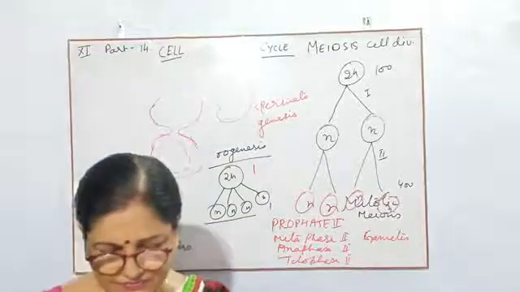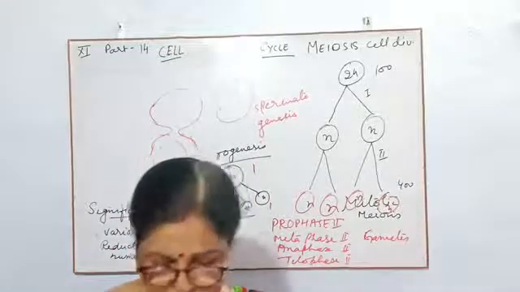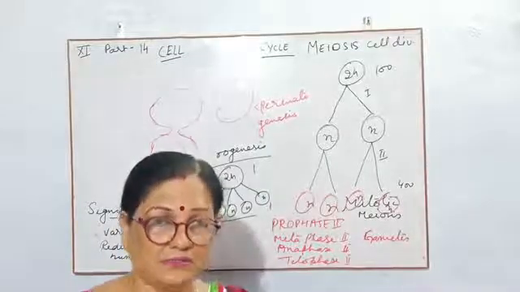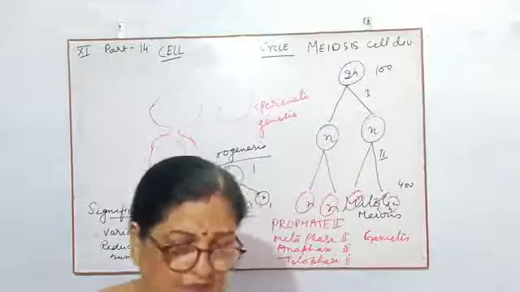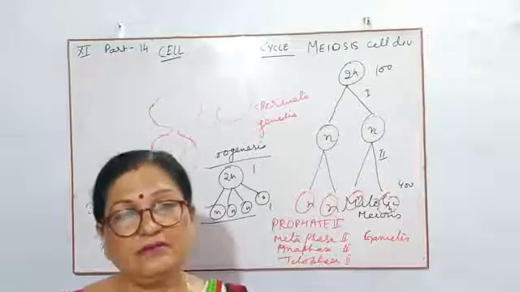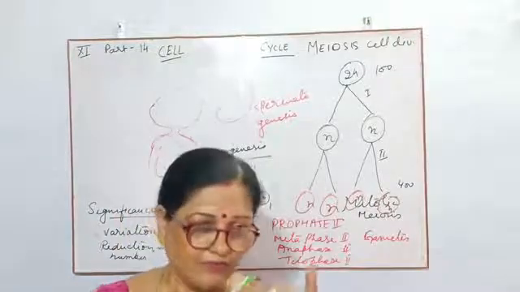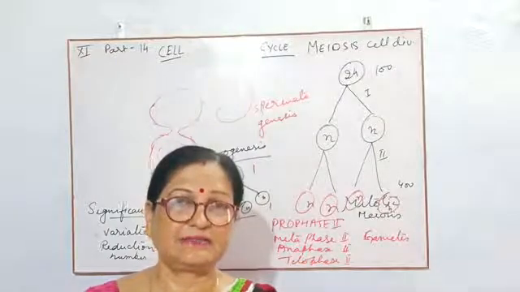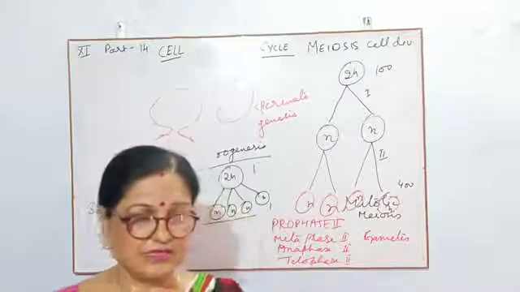Then in case of anaphase, when they move to the other pole, in mitosis one paternal and one maternal chromosome get separated towards each pole.